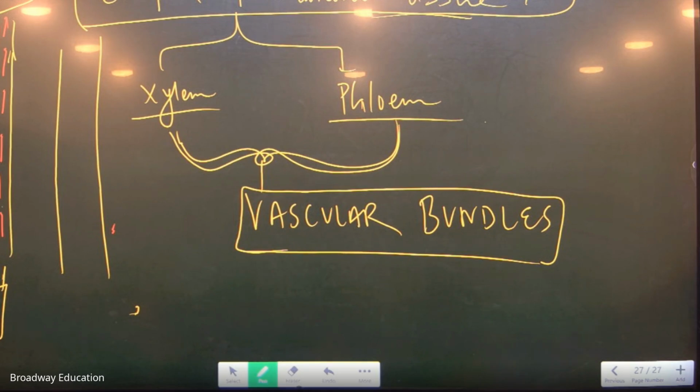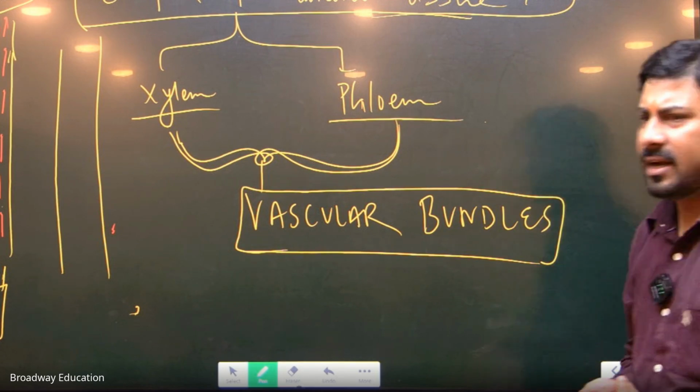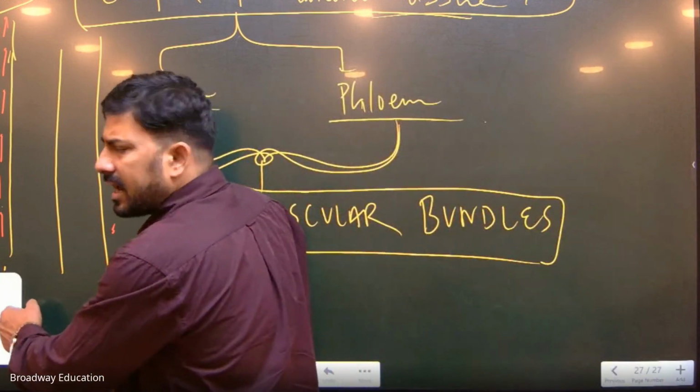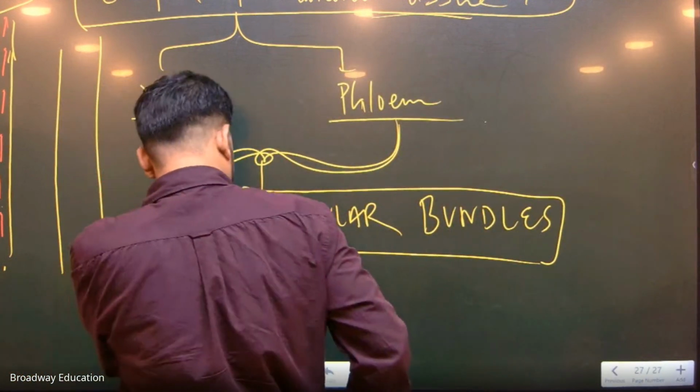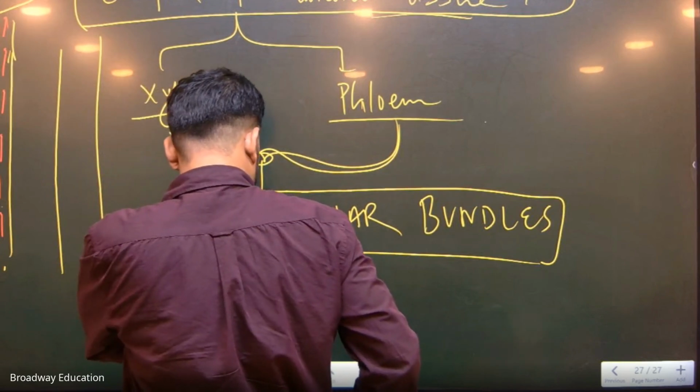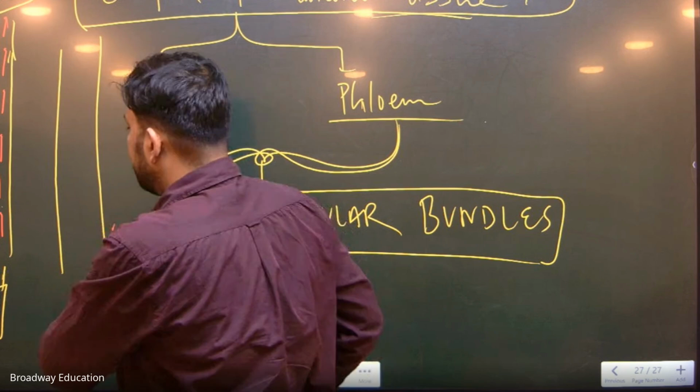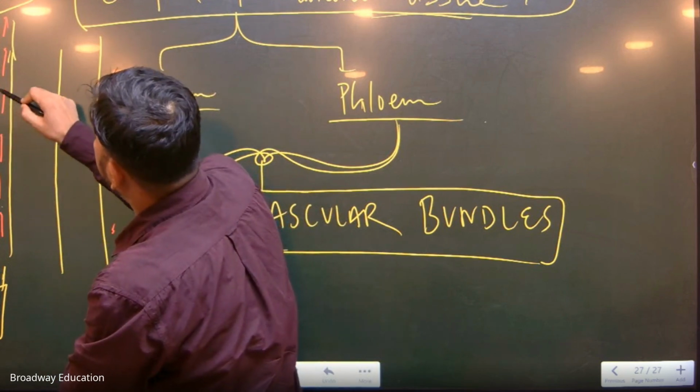The root has to absorb water, and not only water, it will also absorb some minerals. So this water and minerals will be absorbed by the root and transported where?